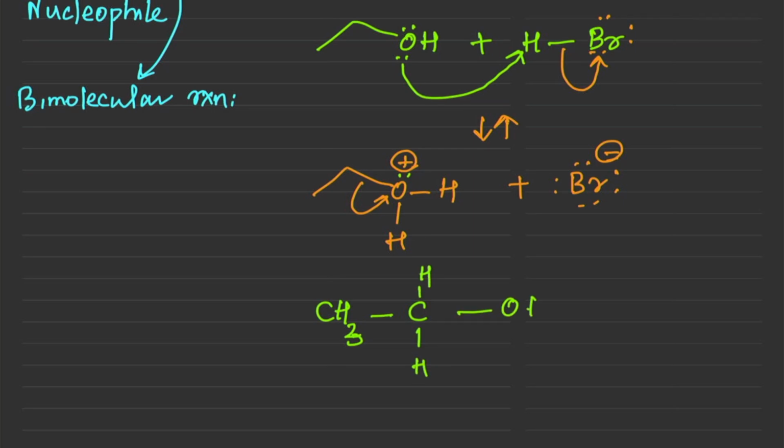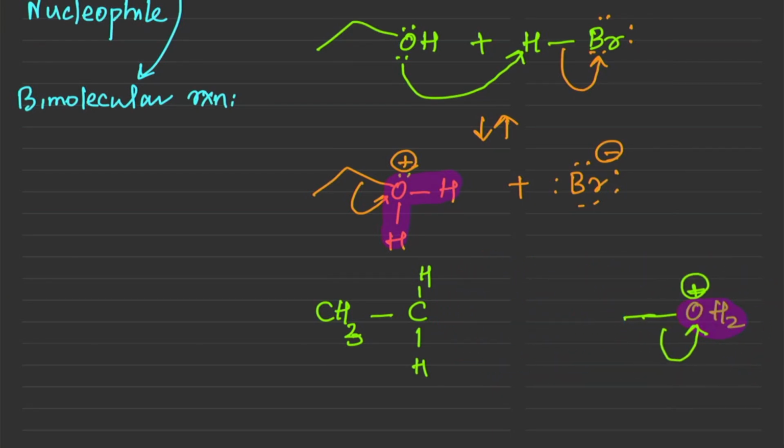We got OH2 plus, that is our water right here. So let's see what happened. Let's say this group goes out, the bond is broken and this group goes out.